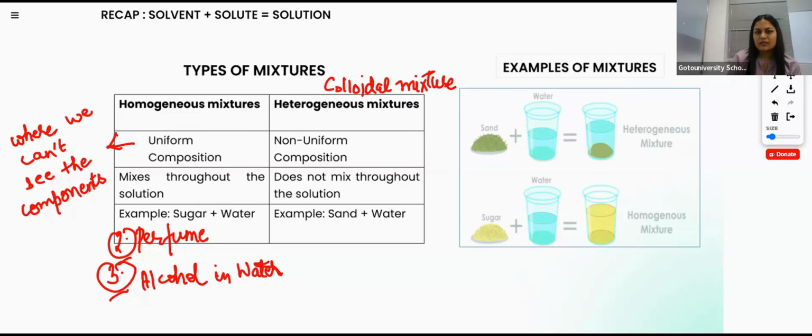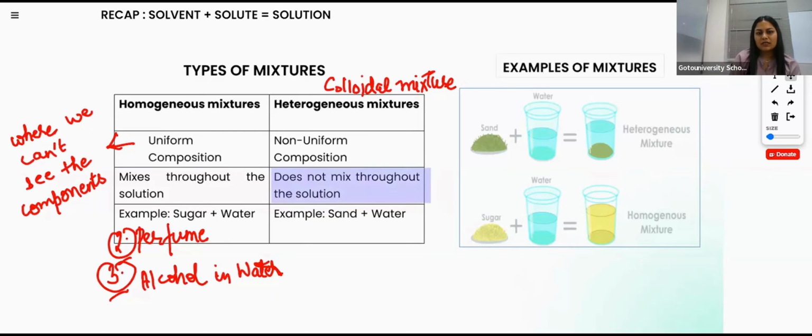And what is a heterogeneous mixture? That is completely opposite to a homogeneous mixture, where you can see the constituent particles. As you can see here, the example of a heterogeneous mixture is where sand is added to a glass of water and you can clearly see it.